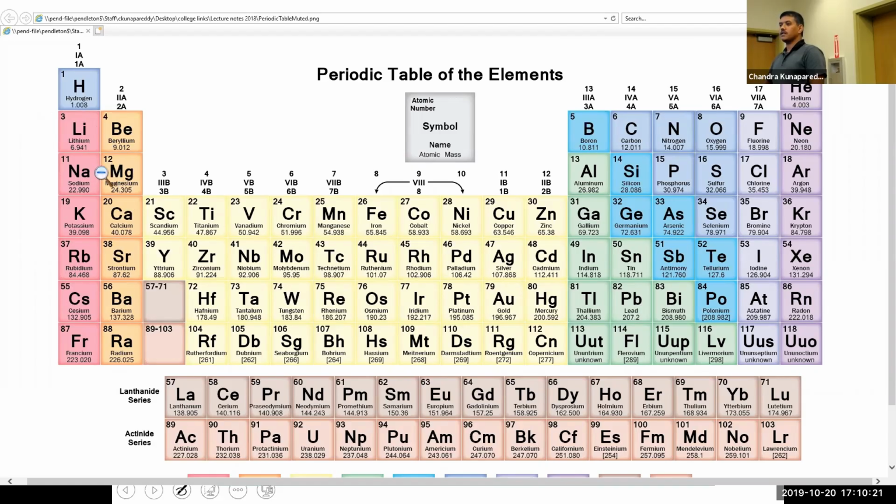So we're saying if you have magnesium and aluminum, which one of these elements is going to require more energy to remove an electron from its outer shell, okay? So here you have magnesium with the ending electron configuration of 3s2, and here you have aluminum with ending electronic configuration of 3s2, 3p1.